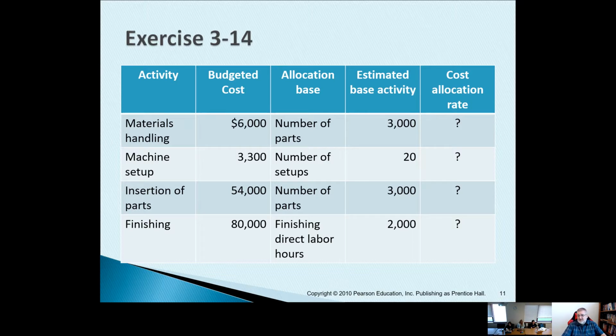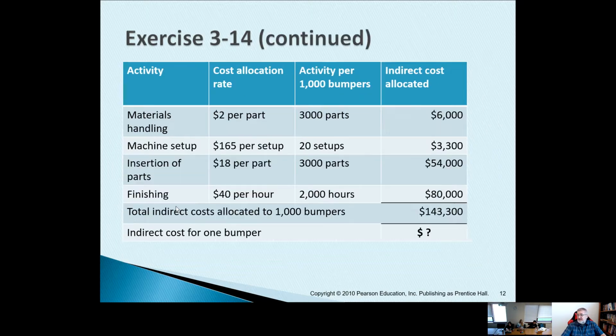Okay? So I've got $80,000 in expense. I've got 2,000 hours worth of time in there. So what's my cost per hour going to be? 40. Okay, $40. All right, so let's look at this in the next slide. This has been set up here. Our material handling, we said it was $2 per part, right?